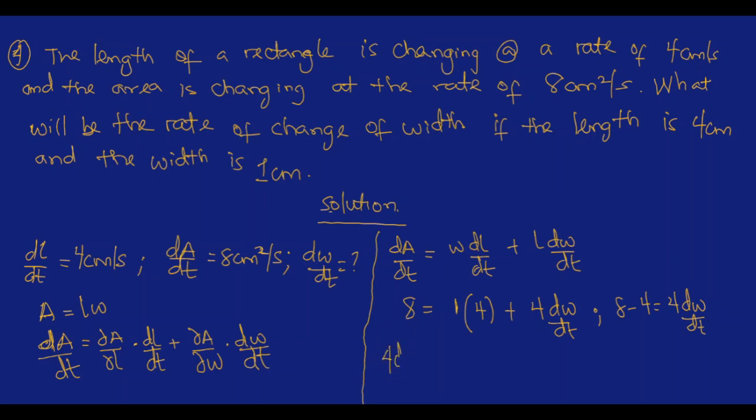Then 4 dW/dt is equal to 4. That means dW/dt is equal to 1 centimeter per second, and this is the rate of change of the width.